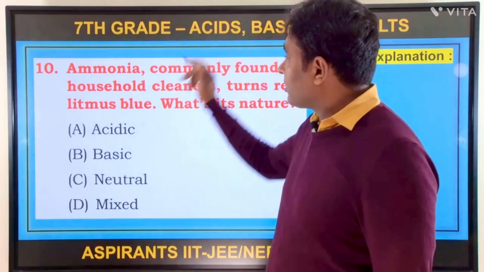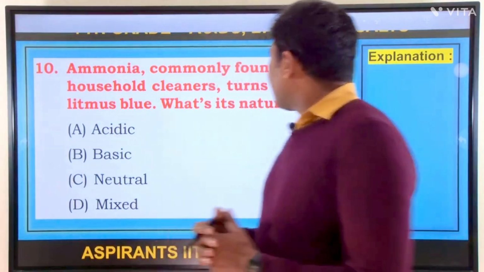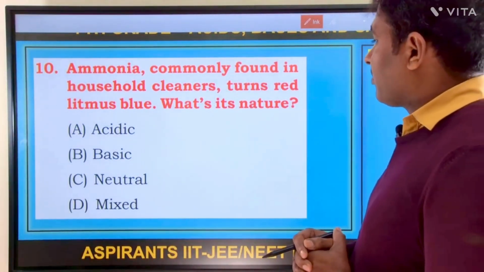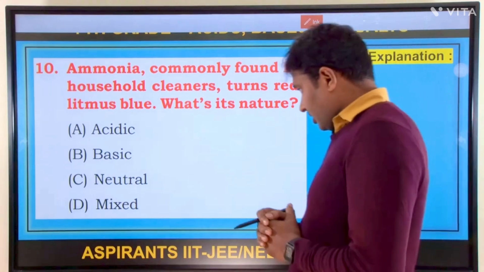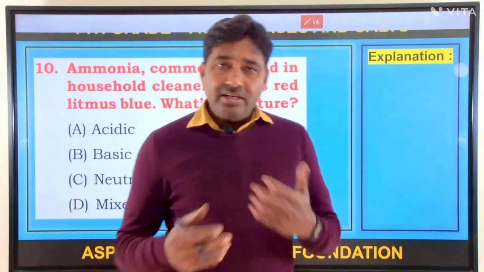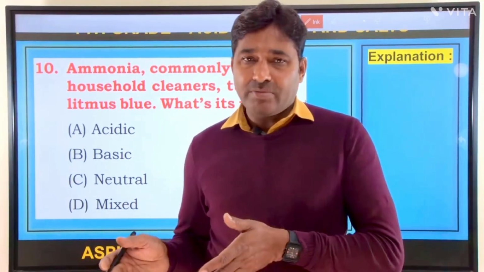Now we go to the 10th slide. Ammonia, commonly found in household cleaners, turns red litmus blue. What is its nature? Generally we know the behavior of indicators: they give a characteristic color in acidic and basic media.